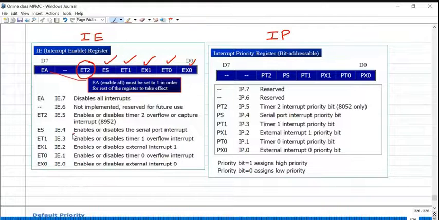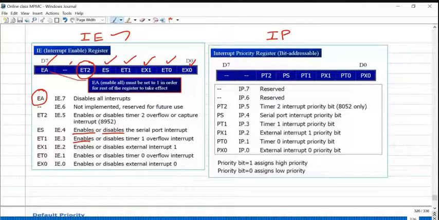The programmer can enable or disable interrupts, with one control for completely enabling and one for completely disabling. This is the special function register, the interrupt enable register. It is bit addressable, meaning an individual bit can be modified by the programmer using names like IE.7 or IE.6. IE.7 is this position, IE.6 is reserved, IE.5 and so on.